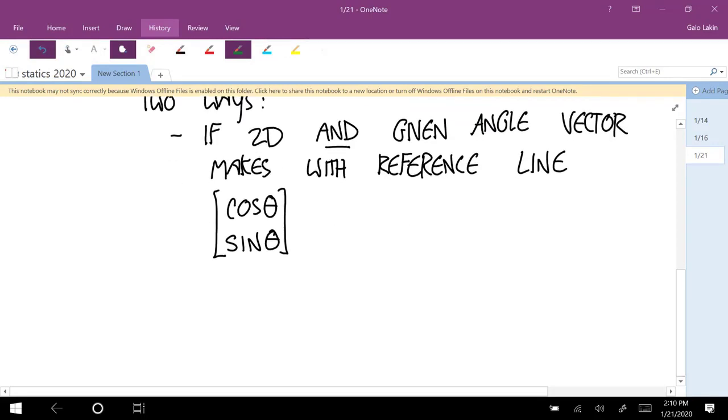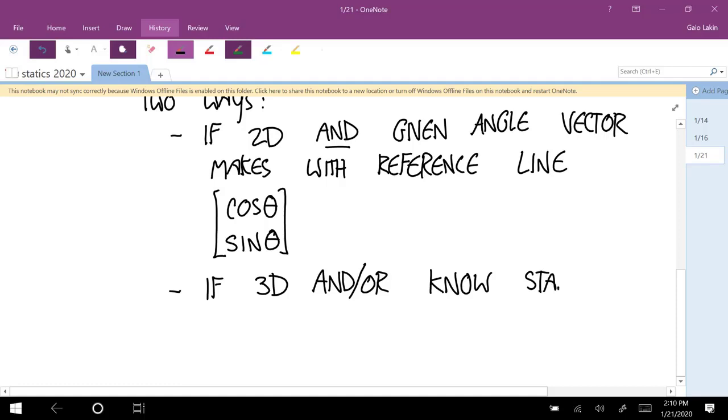The other way is if you're in 3D, or you know the starting and ending points of the vector, the end coordinates of the vector.